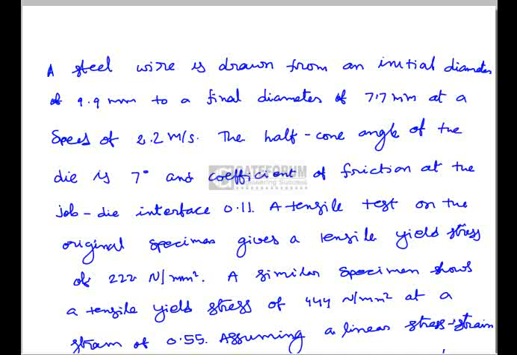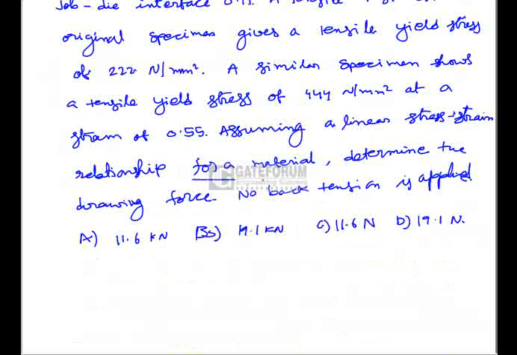Assuming a linear stress strain relationship for the material, determine the drawing force required. No back tension is applied. Here the options are 11.6 kN, 19.1 kN, 11.6 Newton and 19.1 Newton.